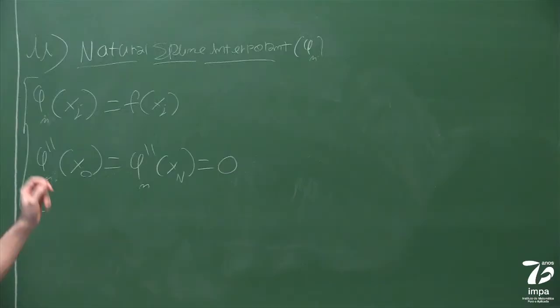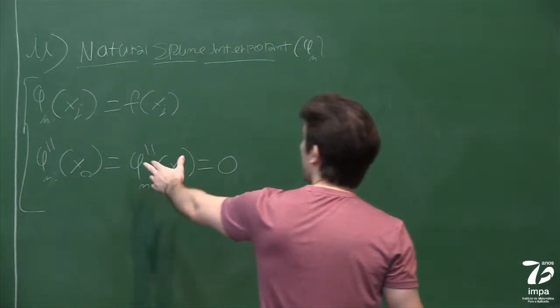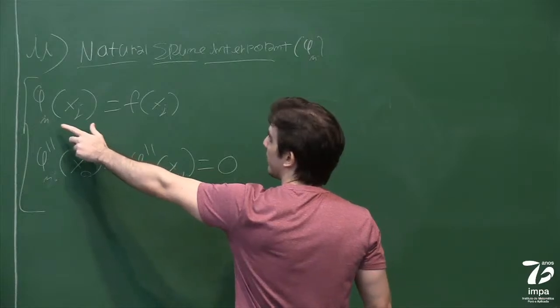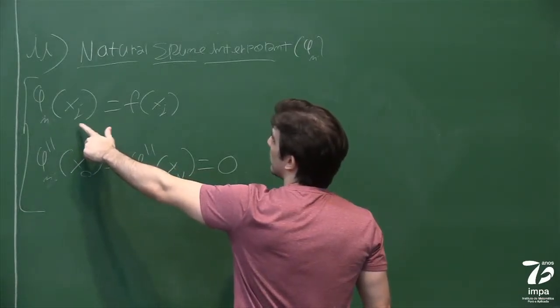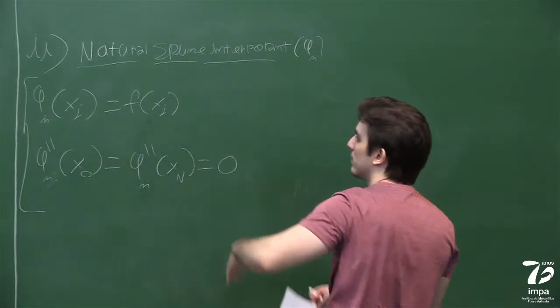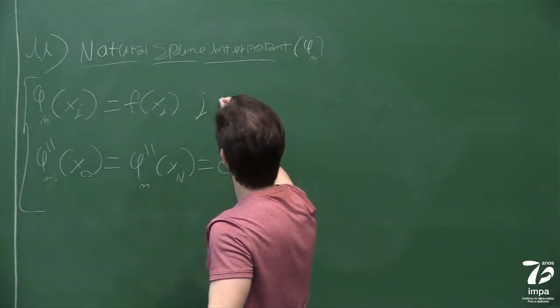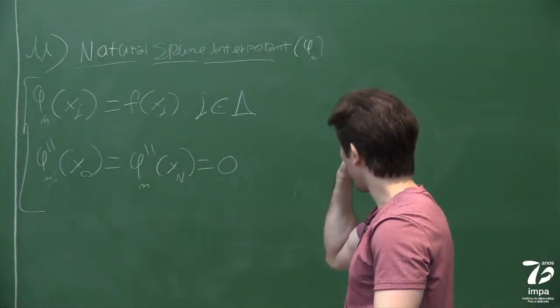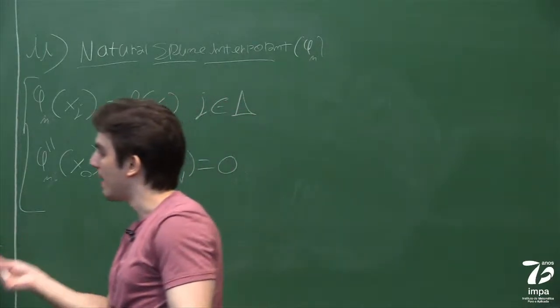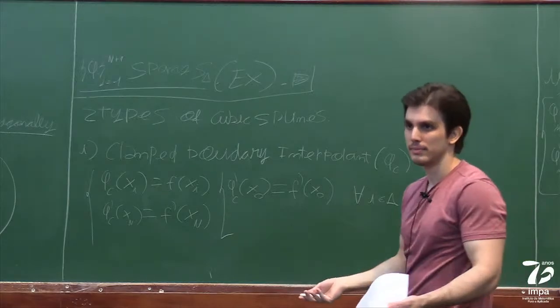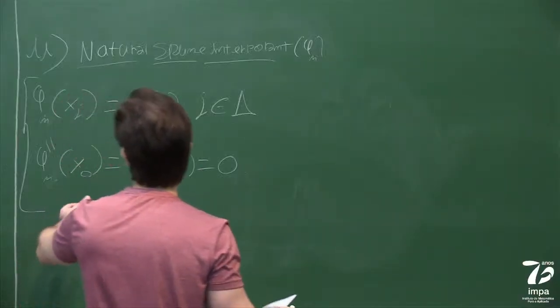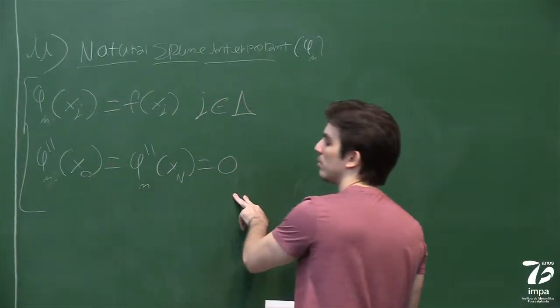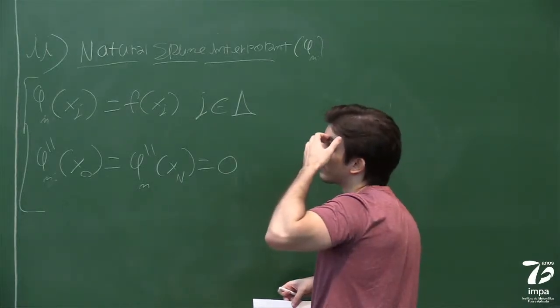And the other type is basically saying, of course, we match our interpolating function to our given function at each mesh point, okay? J is a mesh point, right? But we do not match the derivatives at the boundary. We just prescribe them to be exactly 0 at each one of the boundaries, okay?